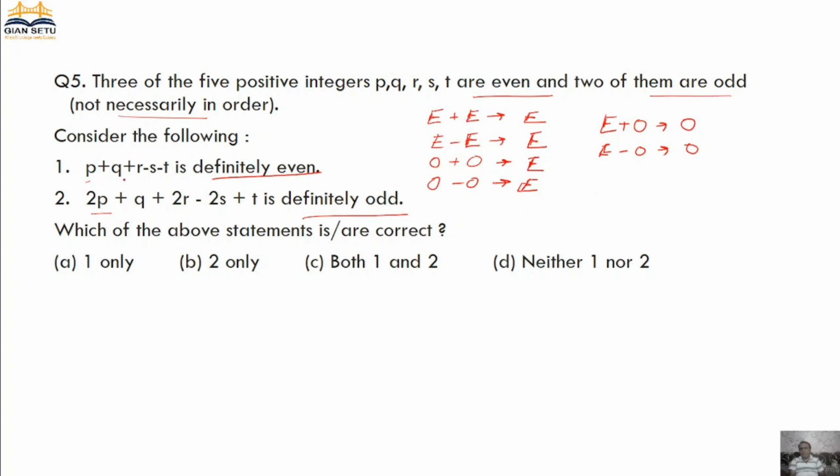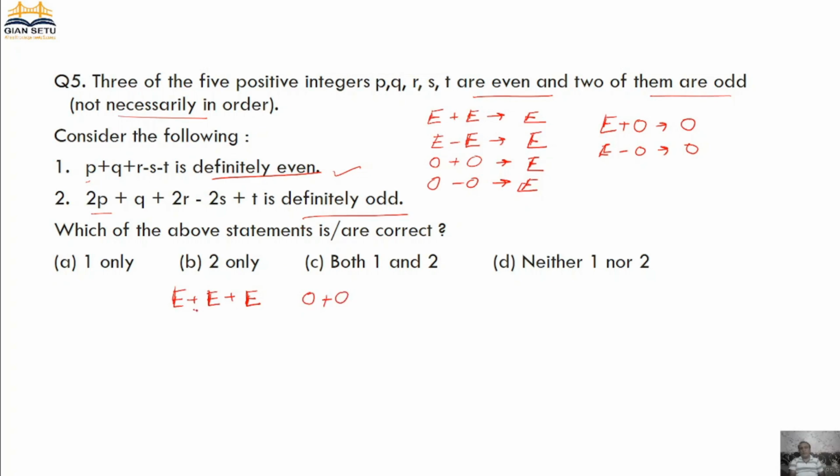Statement 1 is P plus Q plus R minus S minus T is definitely even. Right? Now in the question we are given that 3 of these 5 numbers are even. That means we can group these 3 numbers together, right? By moving plus and minus signs, we can group these 3 even numbers together, and we can group the 2 odd numbers together.